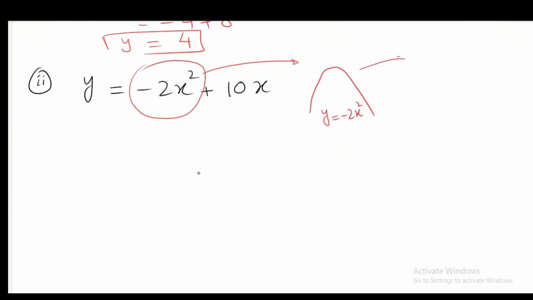And we can memorize it by the sad face, if the coefficient of x squared is negative.